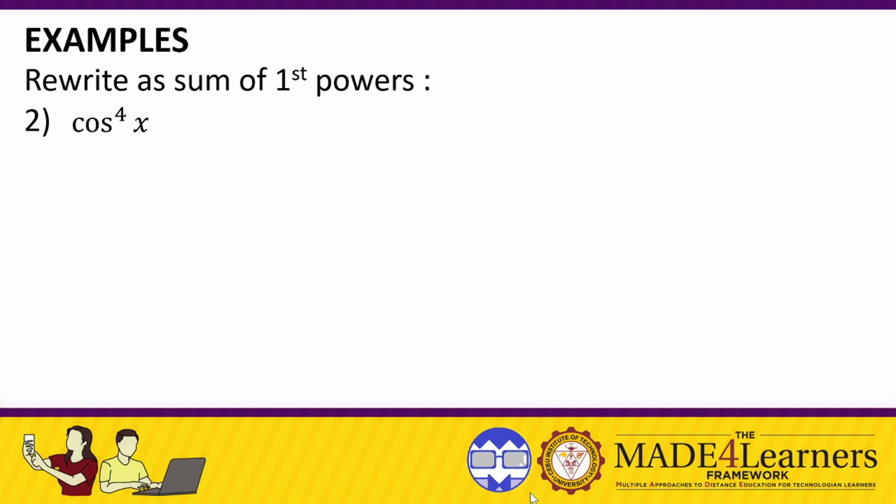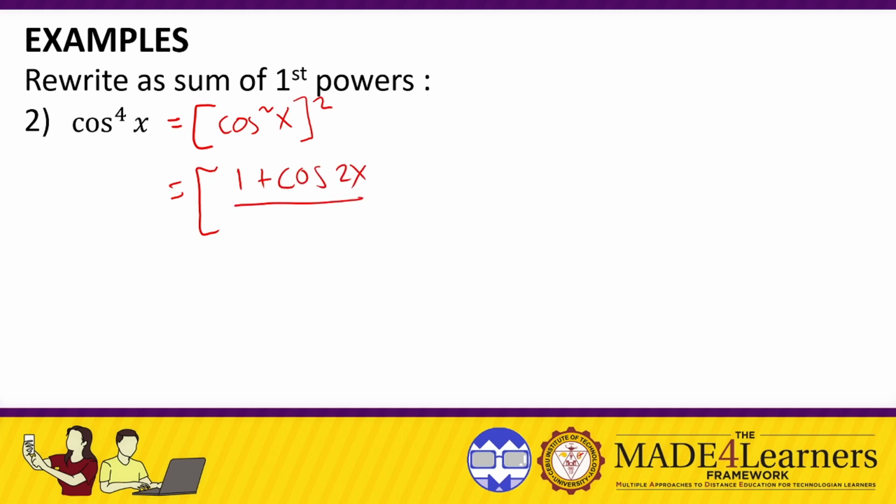Let's have example number 2. We have cos to the power 4 x. Again, same scenario. So we have cos squared x, squared. We know that cos squared x is 1 plus cos 2x over 2, squared.